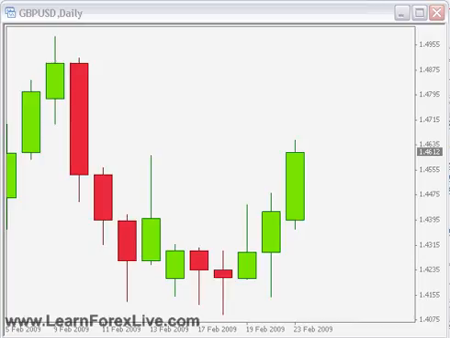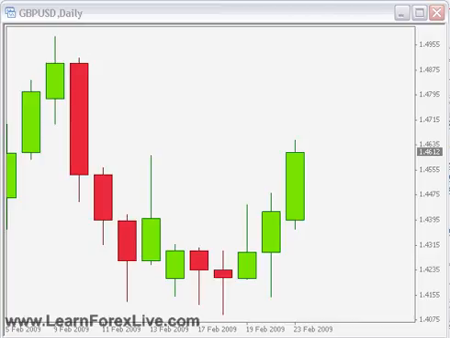You can make each candle represent more than 1 day of price action. Okay, you can set it up to a week, to a month, etc., etc. So basically, every individual candle would represent 1 week worth of price action or 1 month, or you can divide that into smaller time segments.